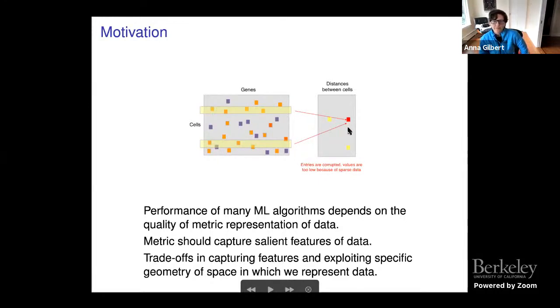And so this is really where I began to get the idea that if these distances are not correct, how can you possibly have any sort of guarantees on the algorithm you're going to run downstream? How do you know that these cells are clustered together when your idea of who's close to one another is just garbage? And so I thought we should come up with some algorithms that capture with much greater fidelity the salient features of the data, so that these machine learning algorithms further downstream would be much better.